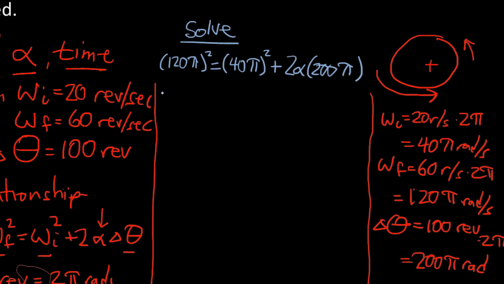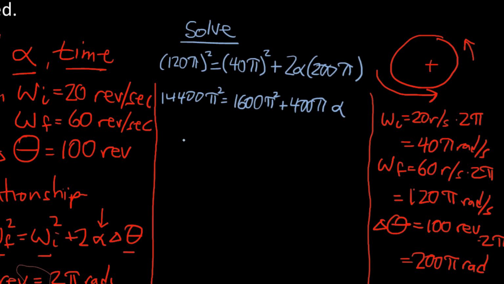All right, so we have this one. 14,400 pi squared is going to be equal to 1,600 pi squared plus 400 pi alpha.